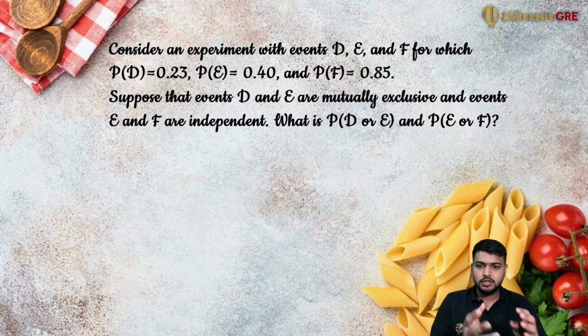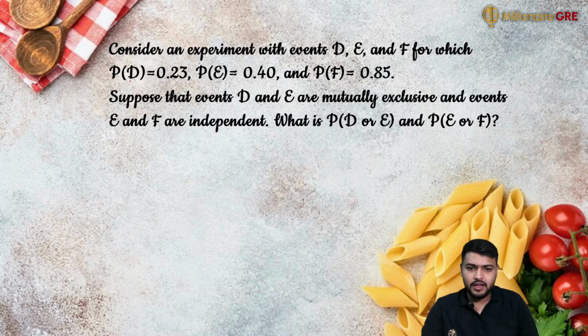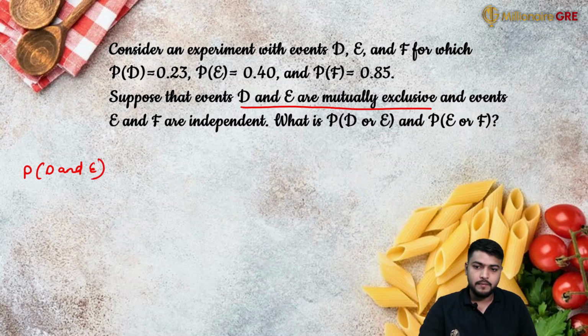I want you to pause the screen again and give this question a try. I hope you've done so. Now let's solve it together. We are given the probabilities of D, E and F. And we are told D and E are mutually exclusive. If D and E are mutually exclusive, then P of D and E will be equal to 0.